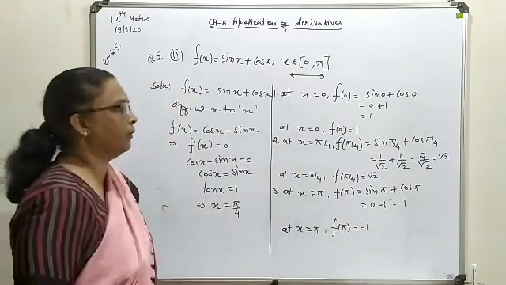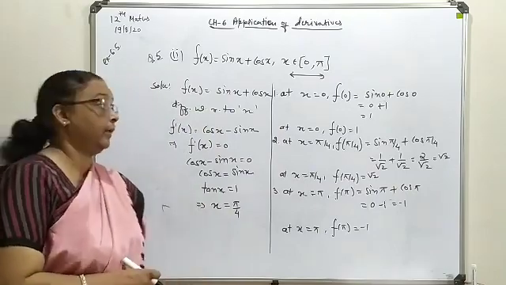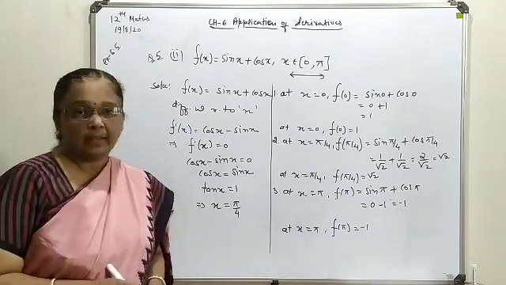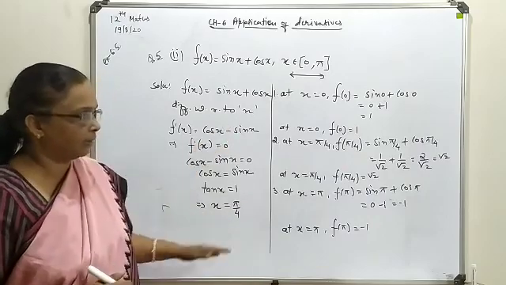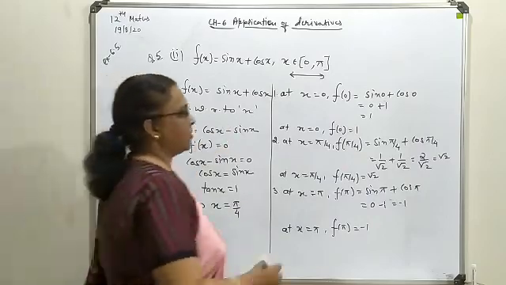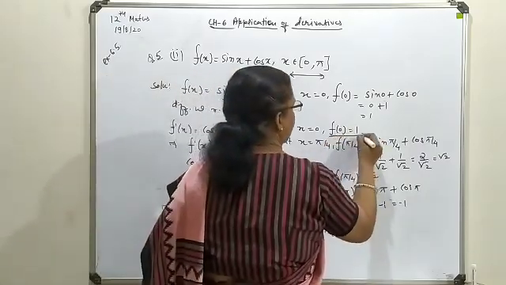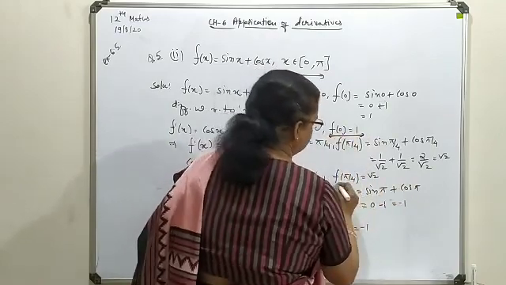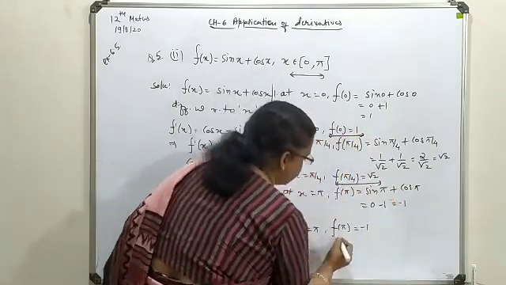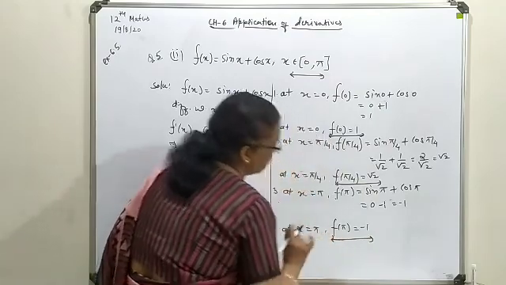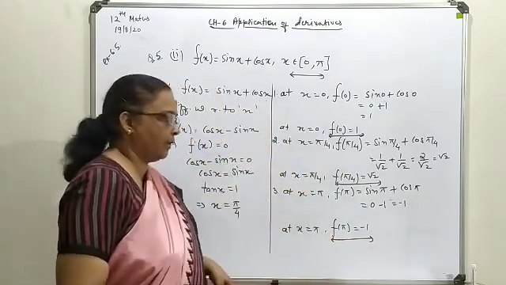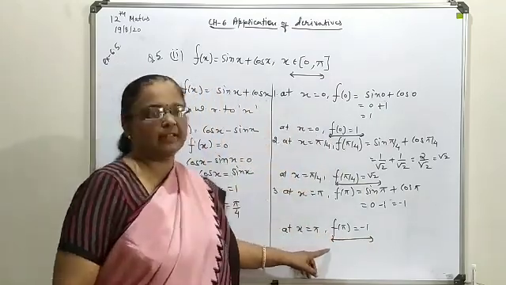Now you will define two terms over here, absolute maxima and absolute minima, from the evaluated points. If you look at these three values, 1, root 2 and minus 1, compare them and you will find that minus 1 is the least one.